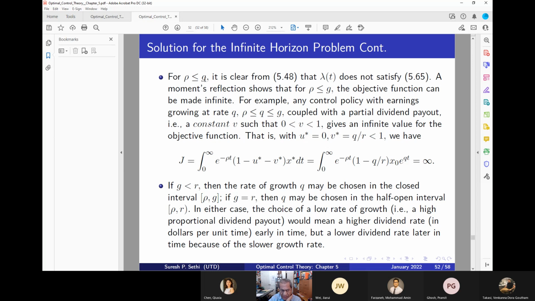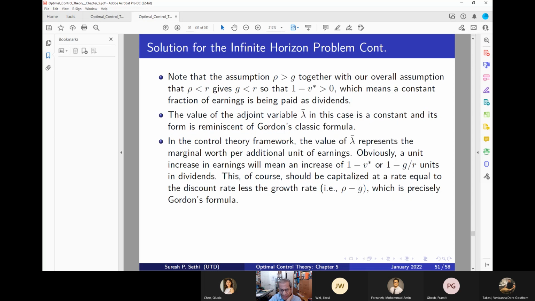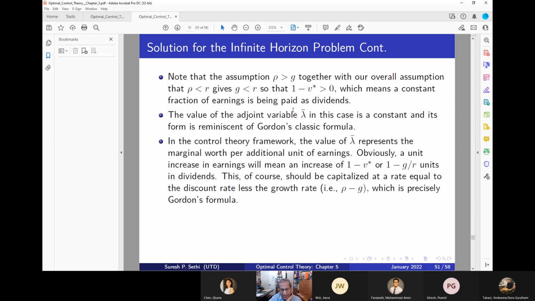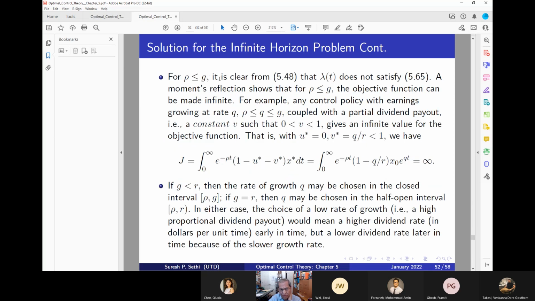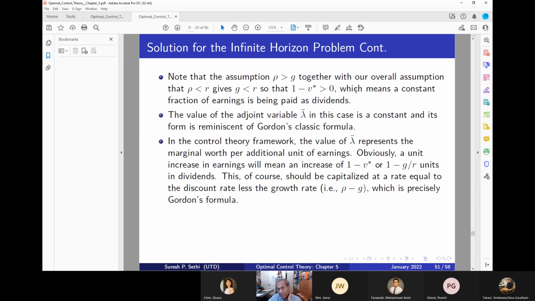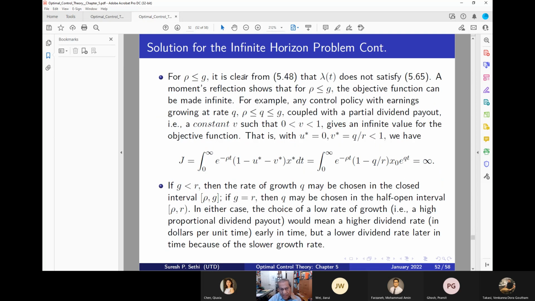So far we had the case where rho is bigger than G, and we're trying to give all of those cases. For rho less than G, lambda t does not satisfy 5.65, the transversality condition, because it is growing all the way to infinity, and the objective function can be made infinite.